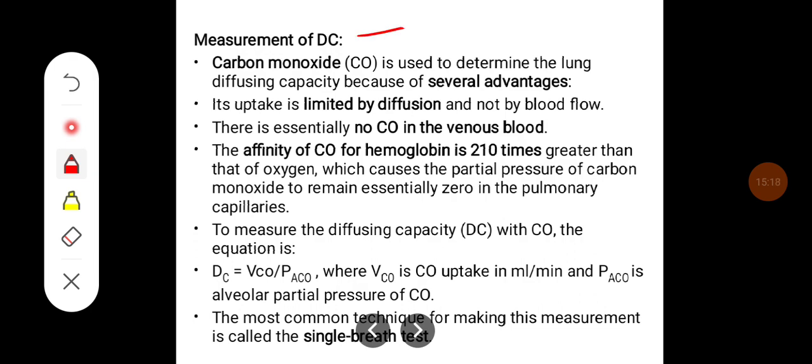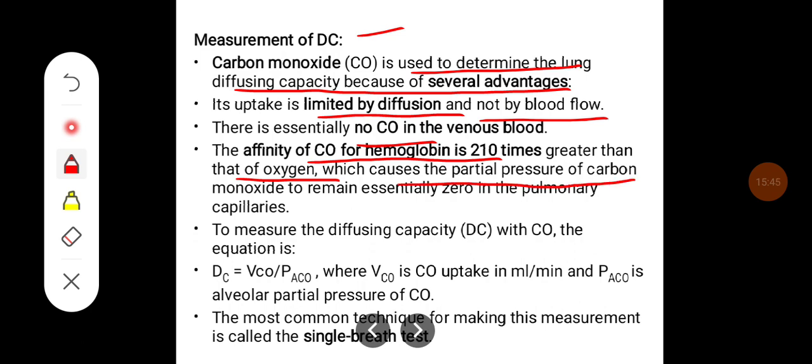How do you measure diffusion capacity? Carbon monoxide is used to determine the lung diffusing capacity because of several advantages. Its uptake is limited by diffusion and not by blood flow, so there is essentially no carbon monoxide in the venous blood. The affinity of carbon monoxide for hemoglobin is 210 times greater than that of oxygen, which causes the partial pressure of carbon monoxide to remain essentially zero in the pulmonary capillaries.